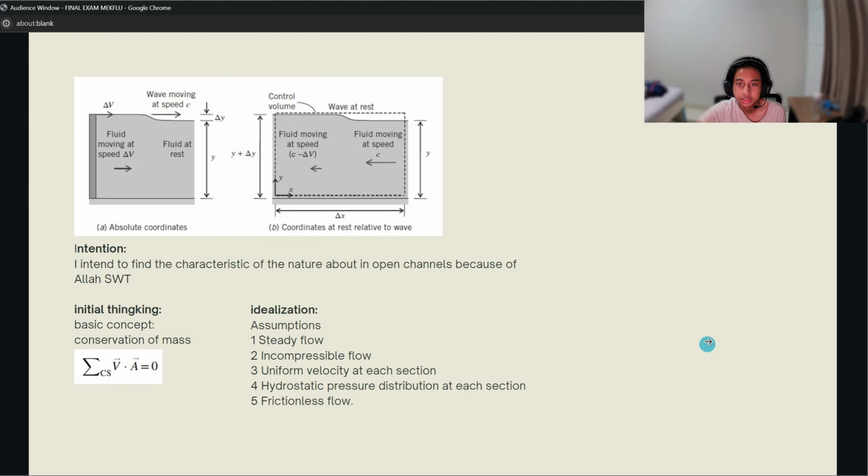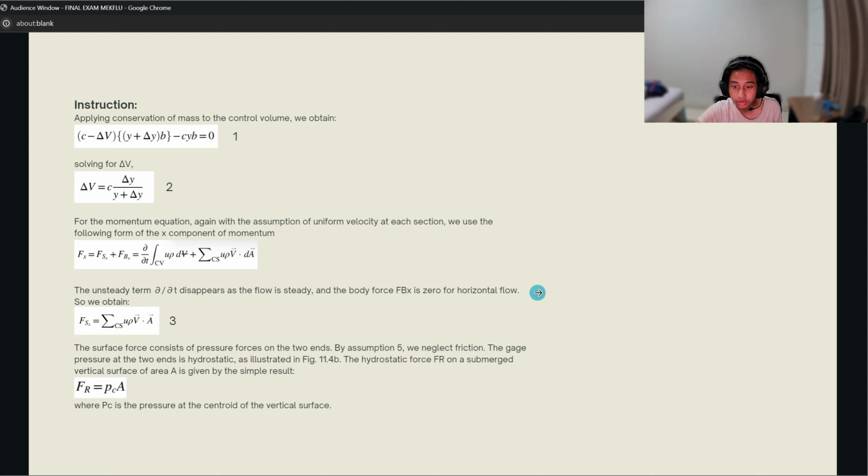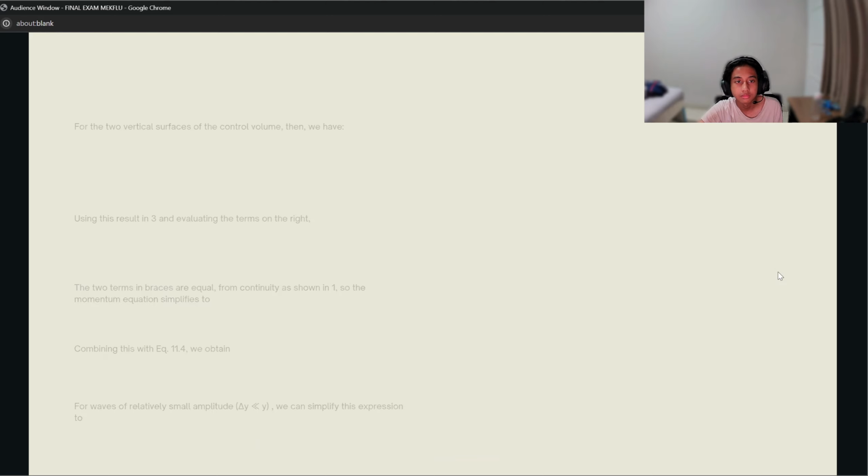This figure shows the hydrostatic force Fr on a submerged vertical surface of area A, given by a simple result of this equation, where Pc is the pressure at the centroid of the vertical surface.